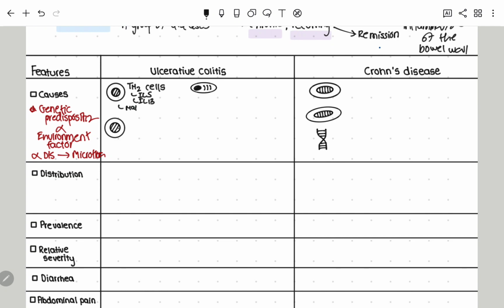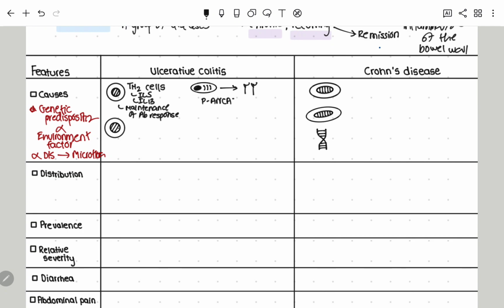So I'll just put that down, maintenance of antibody response. I'm not really going to go into too much detail of what all of these cells do. It's just for the sake of you guys knowing that these are the immune cells that are involved in both of these diseases, because we've discussed and described that both the processes have an autoimmune relation. The second type of cells that have been seen are antibody producing cells known as P ANCAs.